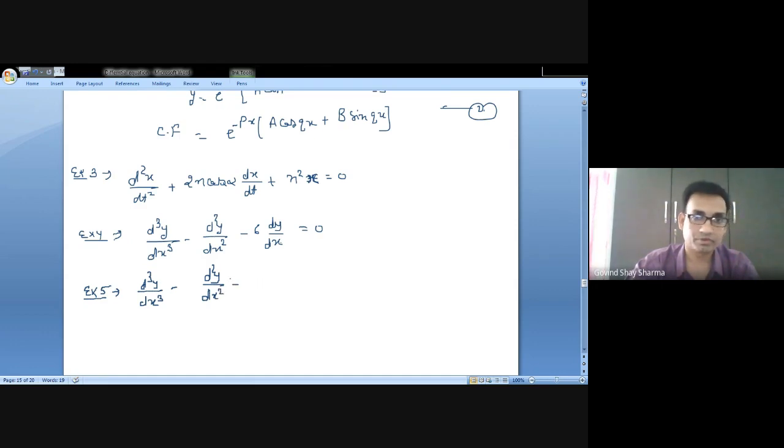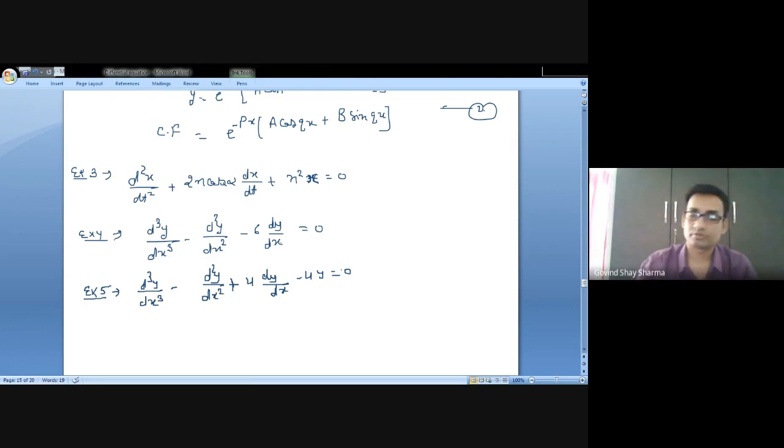So after we complete CF, we will go for PI. And after finding PI, we add CF plus PI, which equals the complete solution of the differential equation.